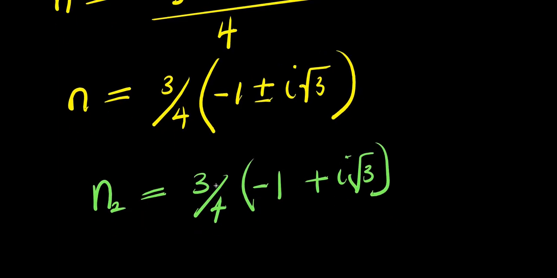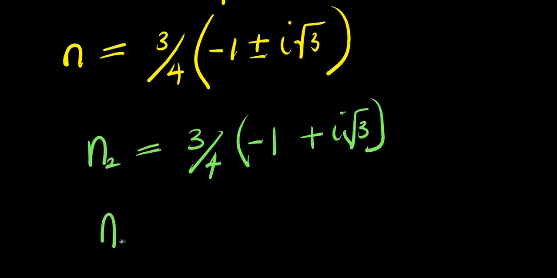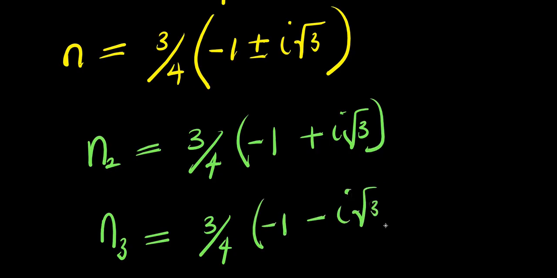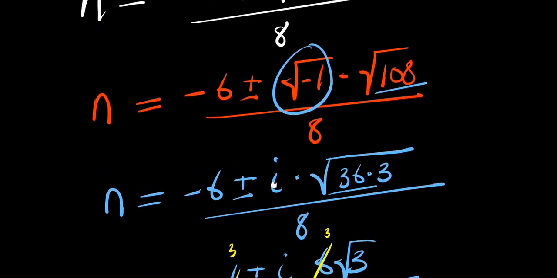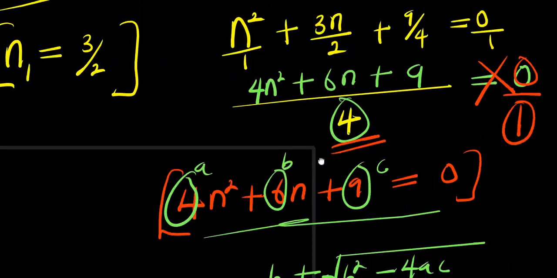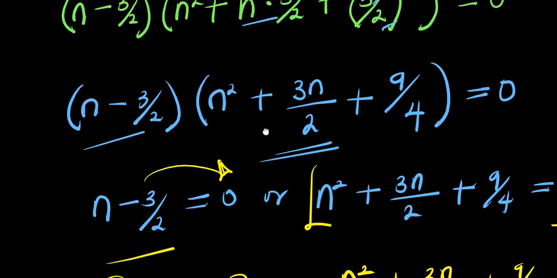And also, I have n3. This is 3 over 4 times negative 1 minus i root 3. So these are the 2 complex solutions. Now, consider the real solution that we have. That is 3 over 2.